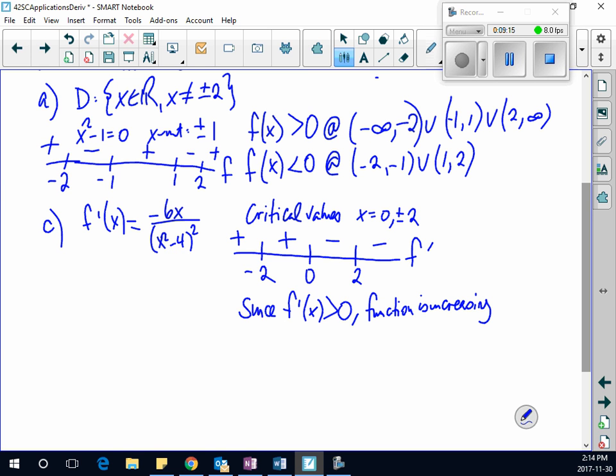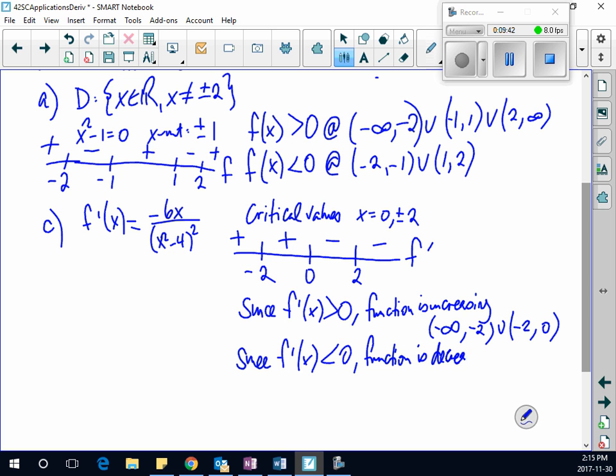That's your justification. The sign diagram is your method, it's not your justification, apparently. So it's increasing on -infinity to -2 and -2 to 0. Since F prime of x is less than 0, function is decreasing on 0 to 2, 2 to infinity. Yes?